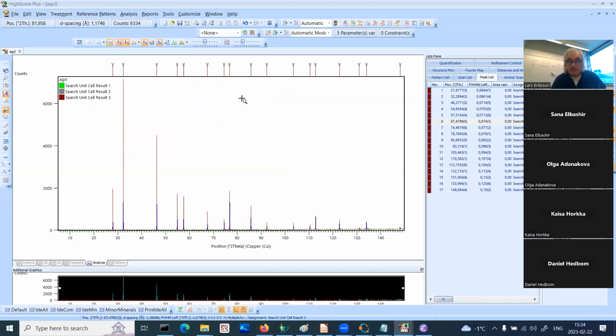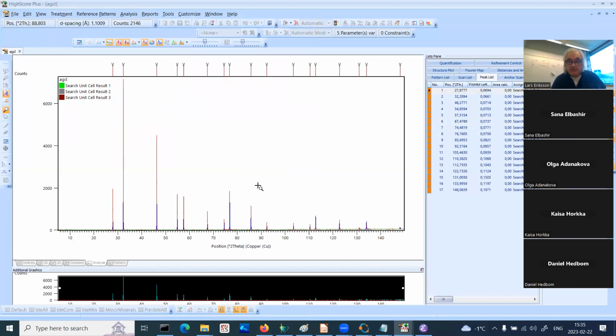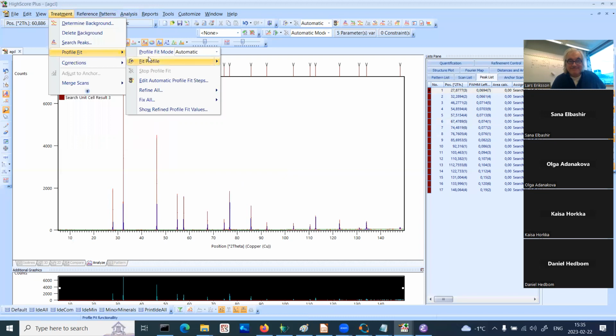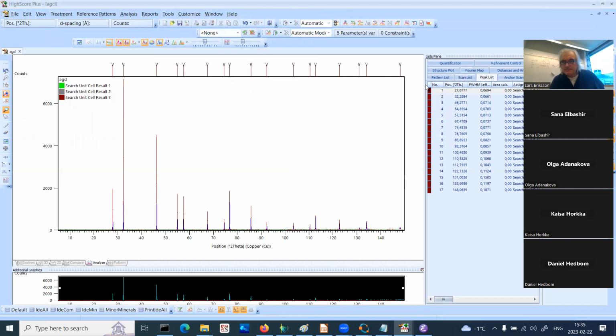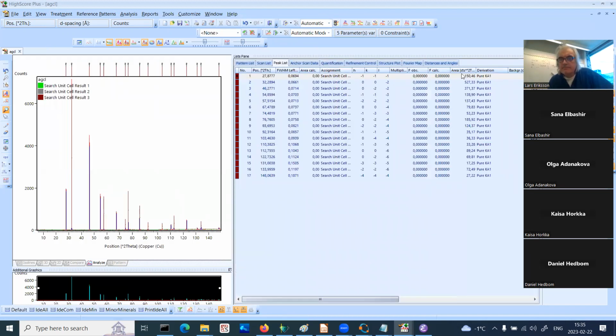Refine all peak areas. Now here is the area. It was the counts times 2 theta. But do we get it?